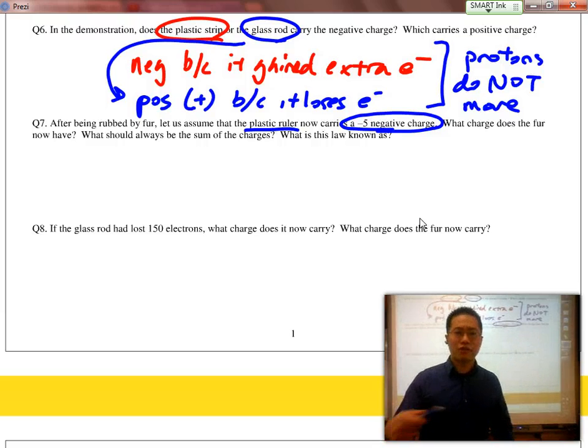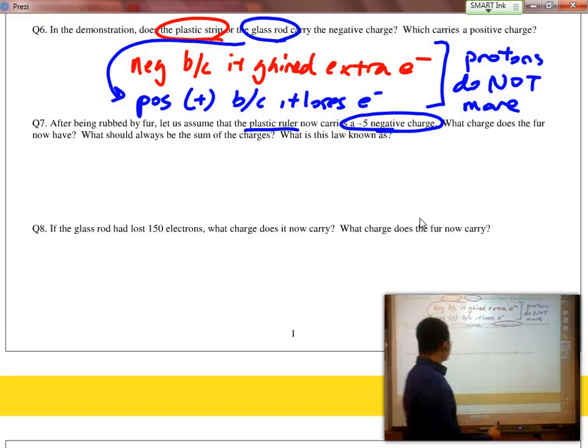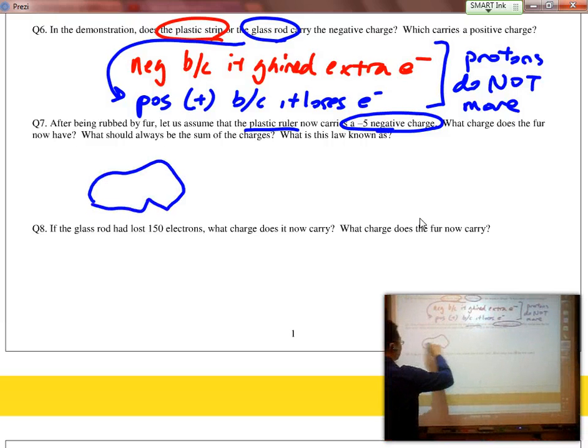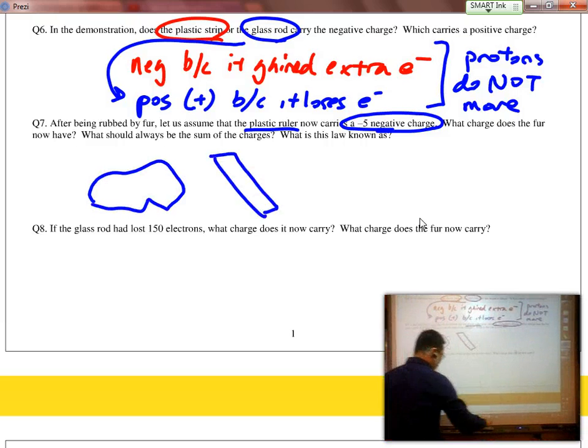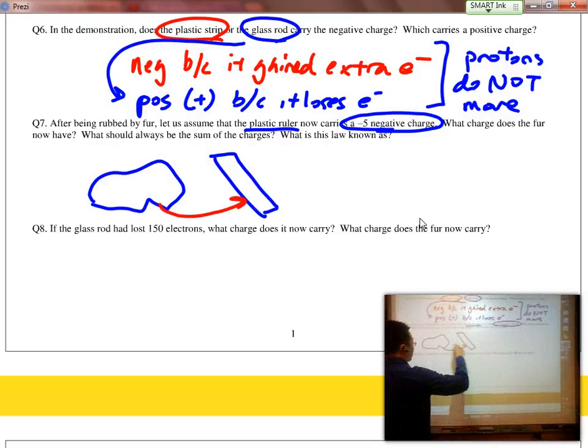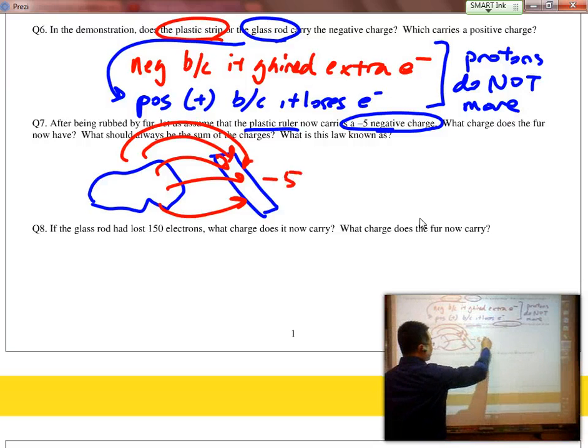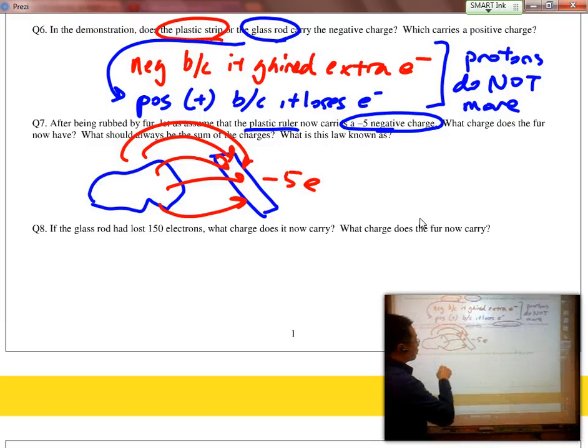But what charge does the fur now have? So if you have that fur and you have that rod and we have 5 electrons jump off, the rod has a charge of -5 electrons. Of course, since the fur lost electrons, it has a charge of +5 electrons.